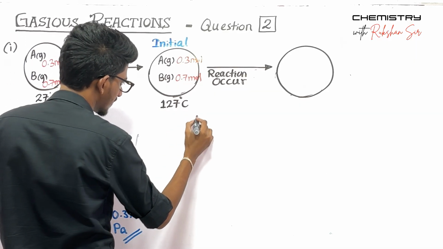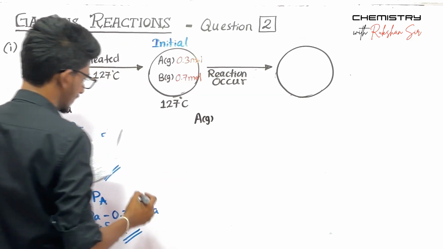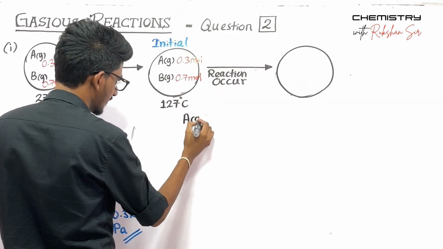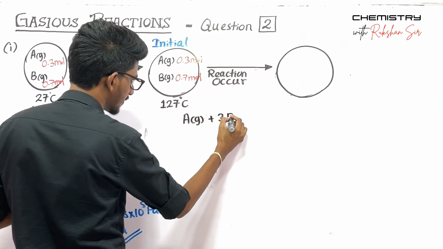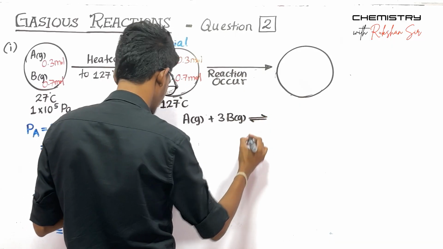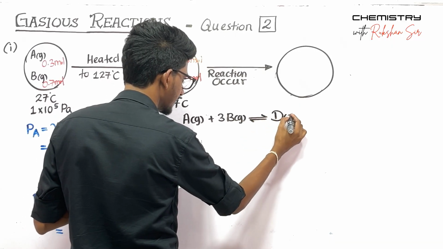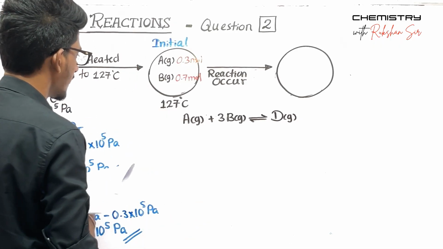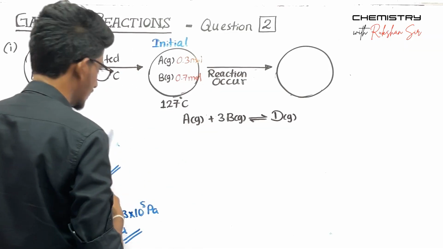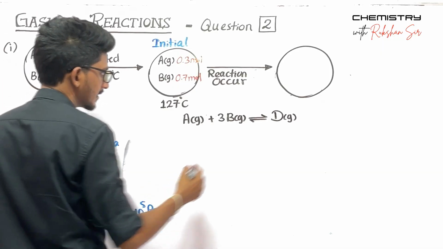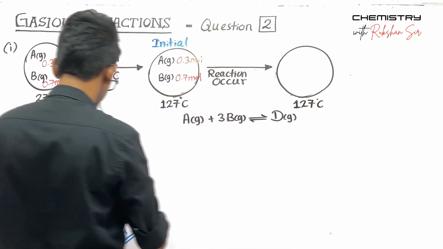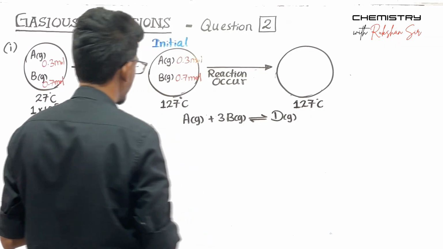This is the reaction: A gas will react with 3 of B gas to produce D gas. That reaction occurred and 0.2 moles of A was reacted. That is what they are saying. This is again the system at 127, the final system, or we can refer to it as the equilibrium system.